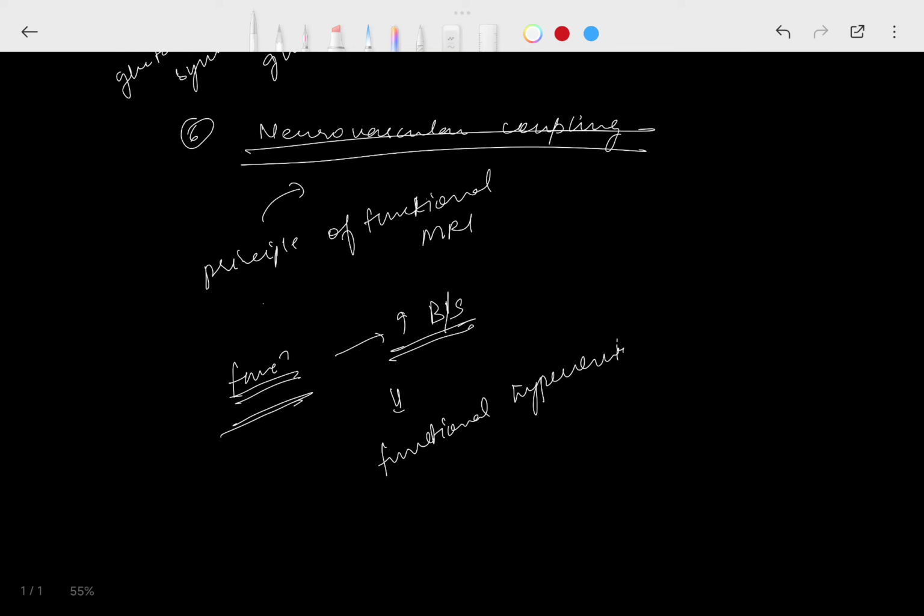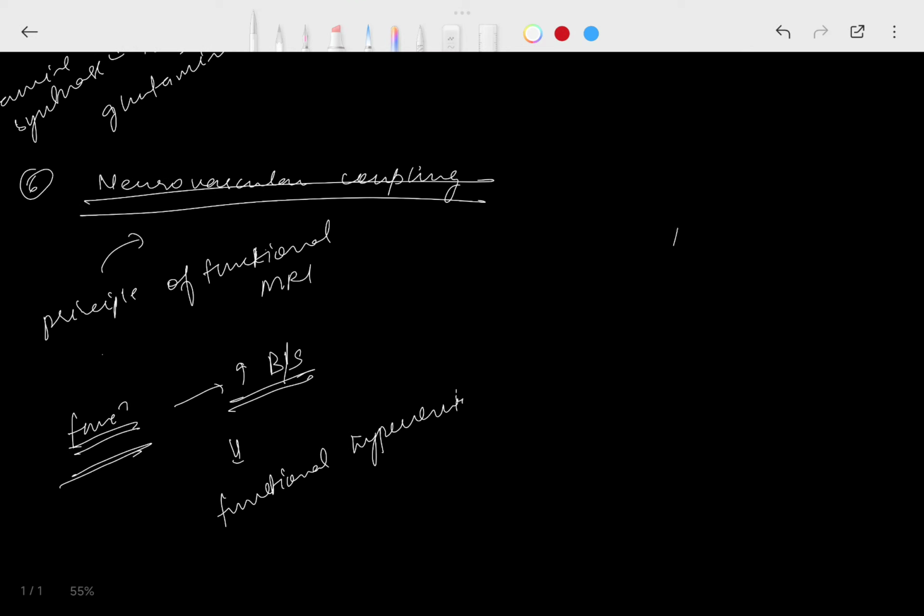What do astrocytes have to do with this? Glutamate, which is released in the synapse, comes to the astrocytes. Astrocytes have neuroglin receptors which receive the glutamate.